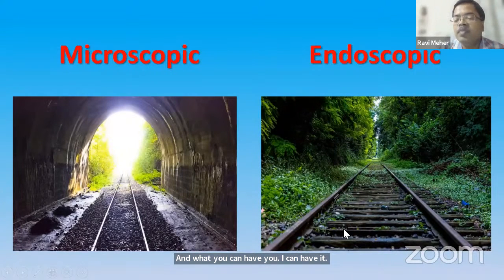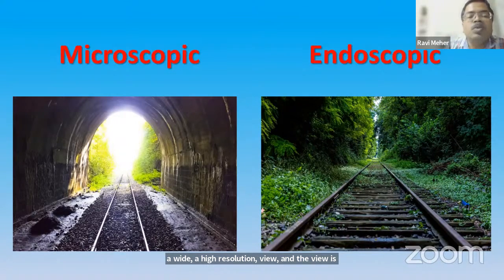Similar is the case with the middle ear. When you take the endoscope tip close to the middle ear structures, you have a wide, high resolution view, and the view is incomparable to the microscope. So that is an advantage, but there are certain limitations of endoscopic ear surgeries.